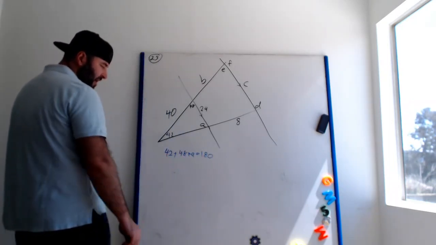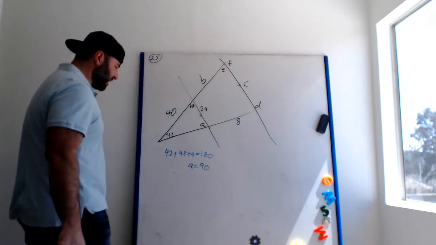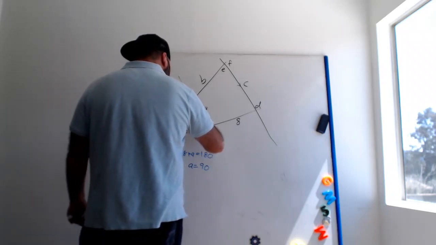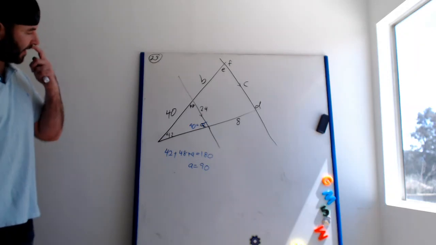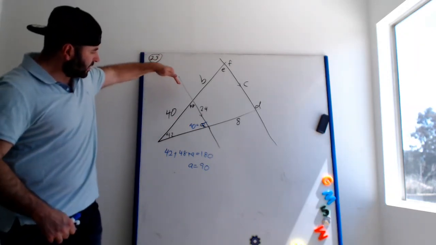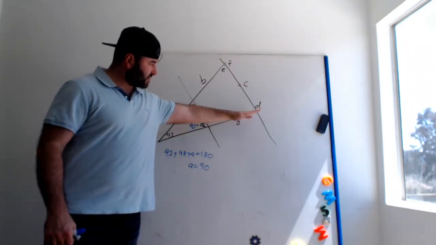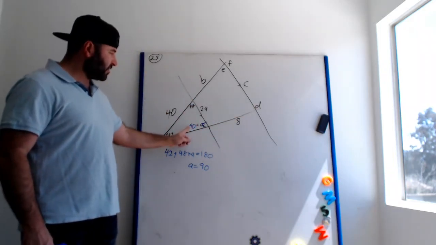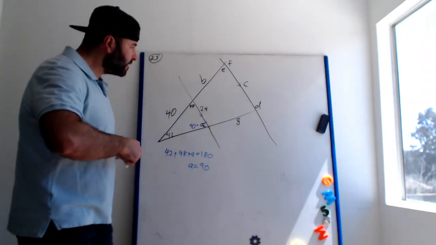If you go through the math, you end up with A equal to 90 degrees, which actually makes this a right triangle. Since these two lines are parallel, let's take this as my transversal. If this is my transversal, this is 90 degrees, which means this angle right here is also going to be 90 degrees.